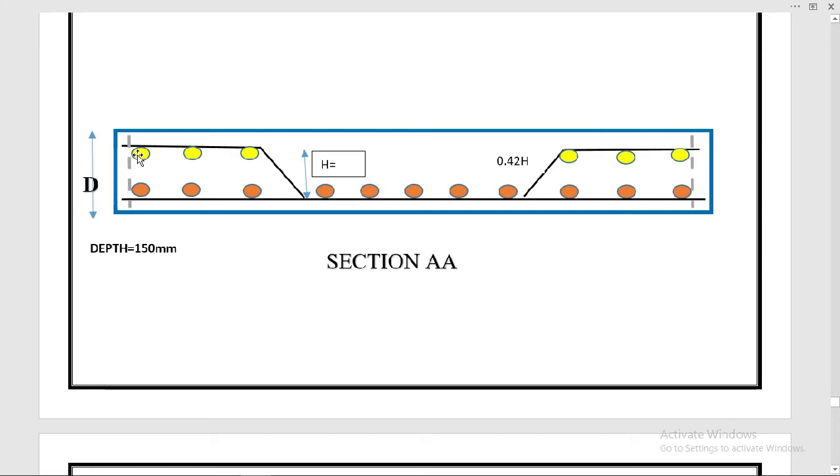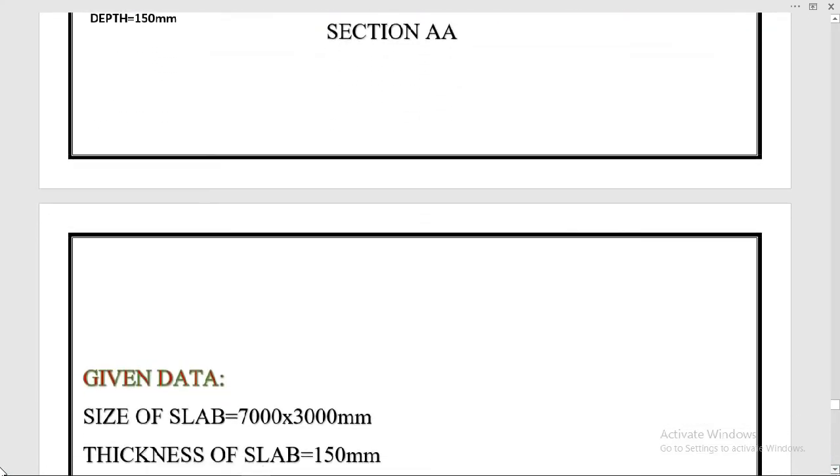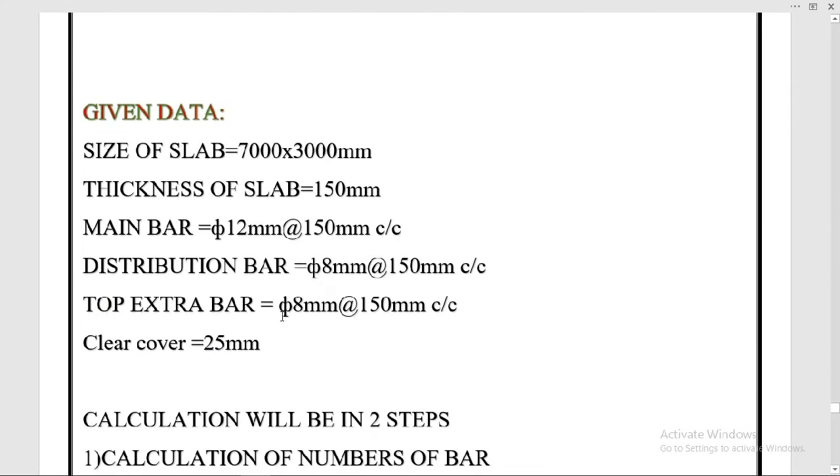So these are top extra bars, and the diameter of the top extra bars is also 8 millimeter and the spacing is 150 millimeter, and the clear cover from all the sides of the slab is 25 millimeter.